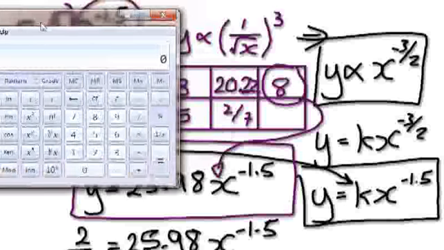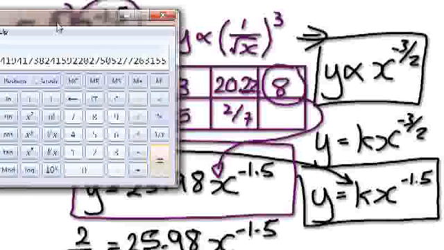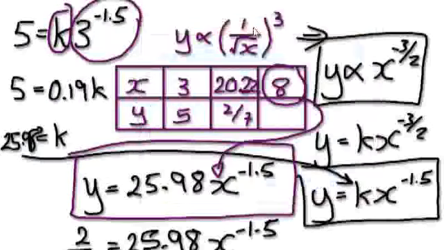So I will need to get 8 to the power of, my bracket, my 1.5, and then minus, close it off, equals this.